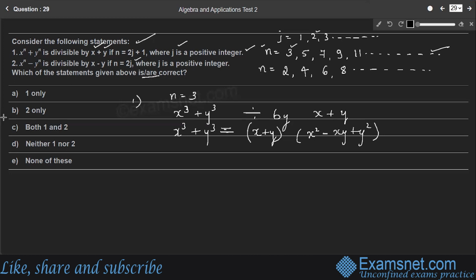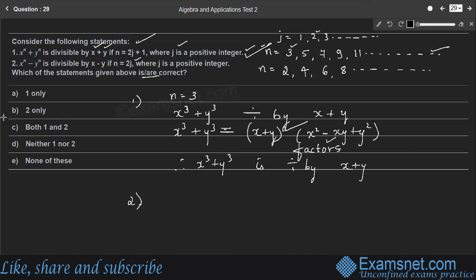Here x plus y and the second term x square minus xy plus y square are factors of x cube plus y cube, right? That means x cube plus y cube is divisible by x plus y, so x plus y is one of its factors. Therefore, the first statement is correct, right? Consider the second one.